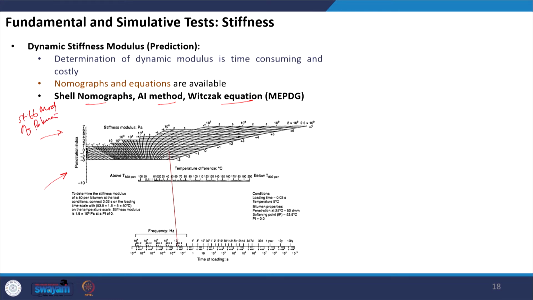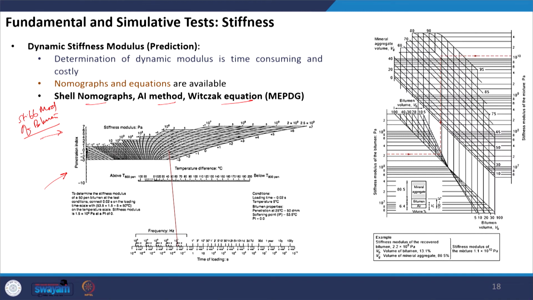We have already discussed this in the 3rd module. Then we use the stiffness modulus of the bitumen and the volumetric parameters of the bituminous mixtures. So what are these volumetric parameters? The volume of the bitumen, the volume of the mineral aggregate. So you have prepared the bituminous mixture, we know what is the volume of bitumen, what is the volume of bituminous mixture.